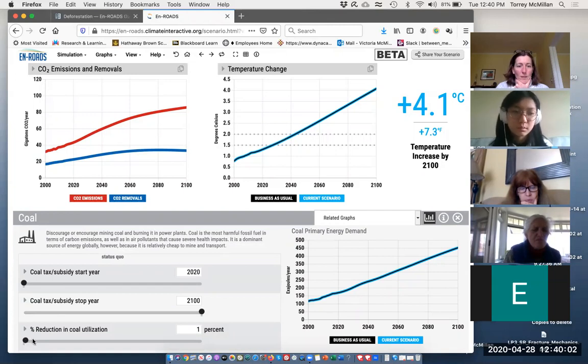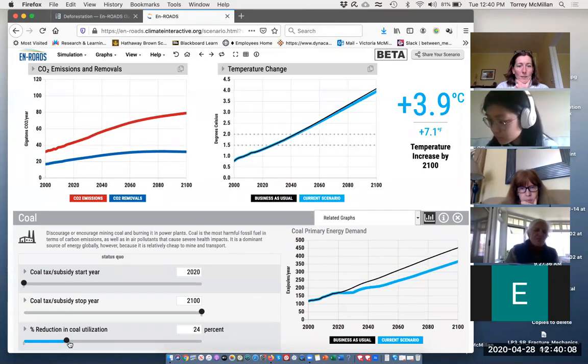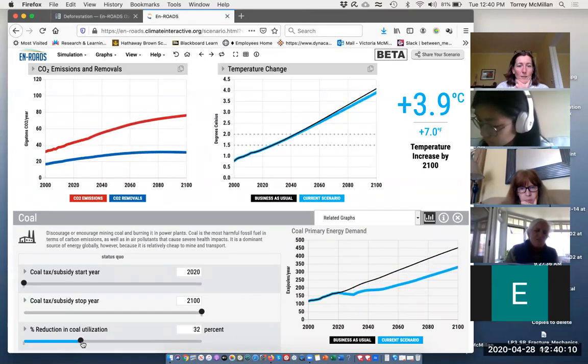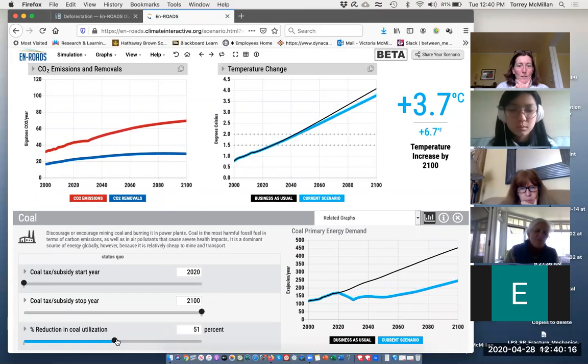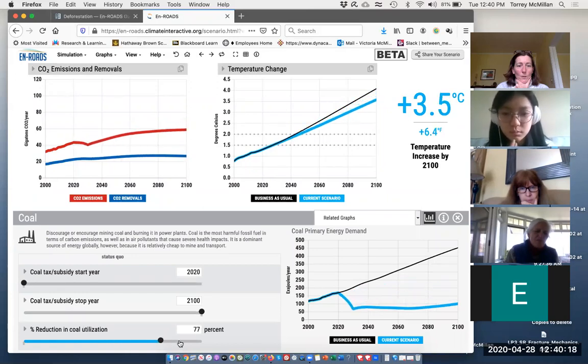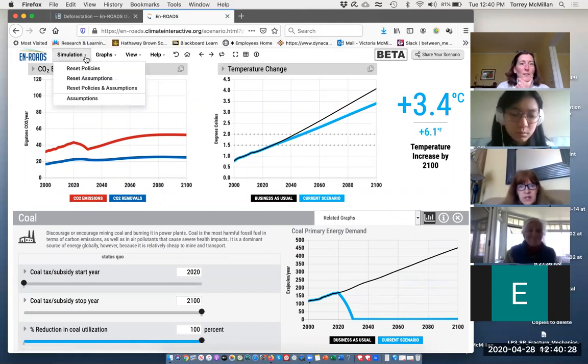Okay. We get rid of coal completely. That's a pretty dramatic drop, actually. Yeah, that's the most dramatic we've seen, actually.